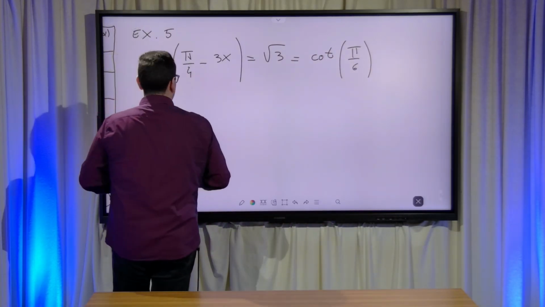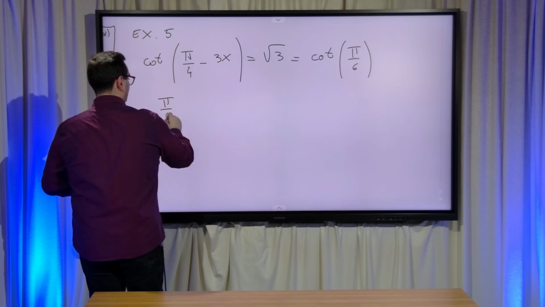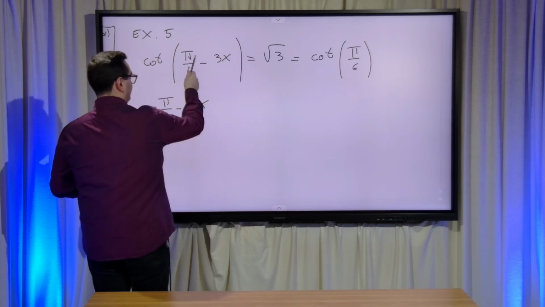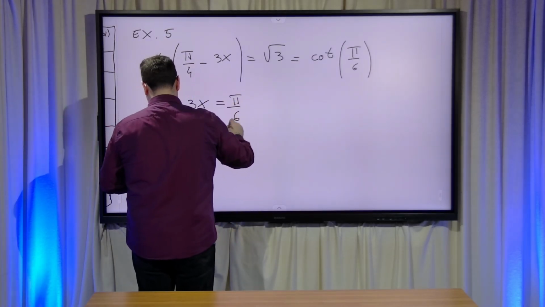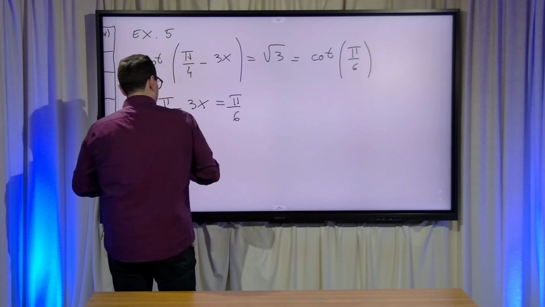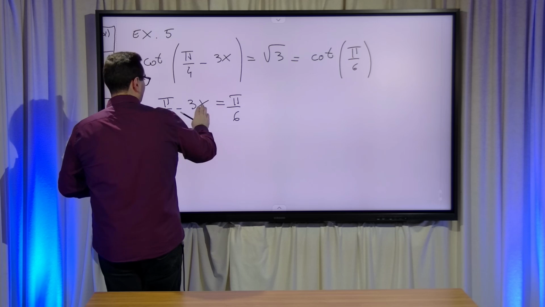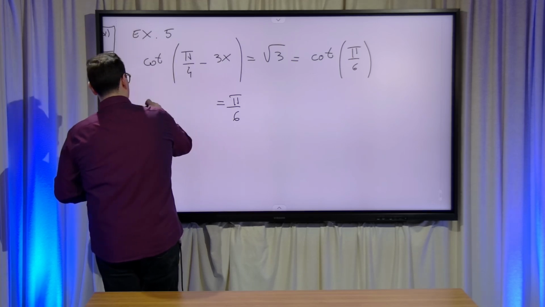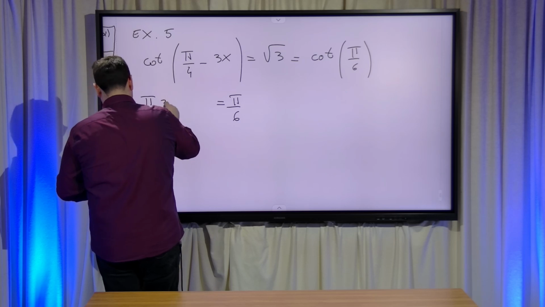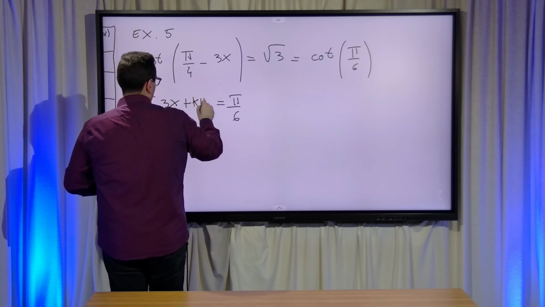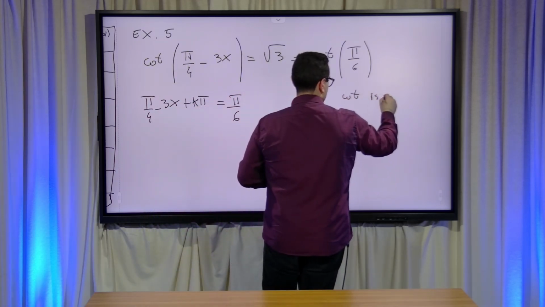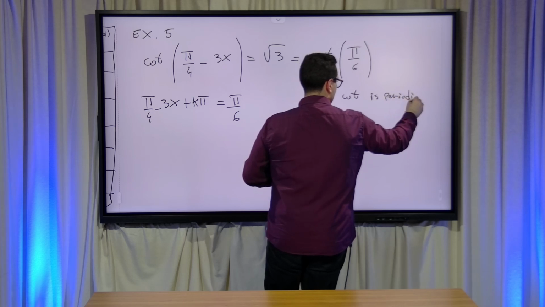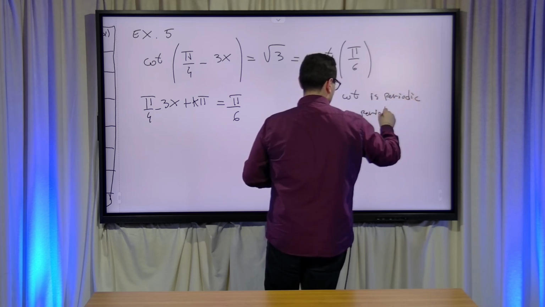Now I can compare the arguments of the two functions, but I have to consider also the multiplicity of the cotangent. So let's write it here. Plus k pi, because I recall to you that the cotangent is periodic with period pi.